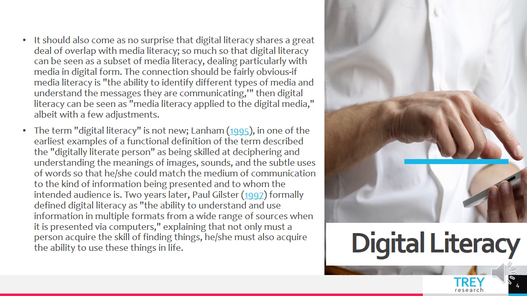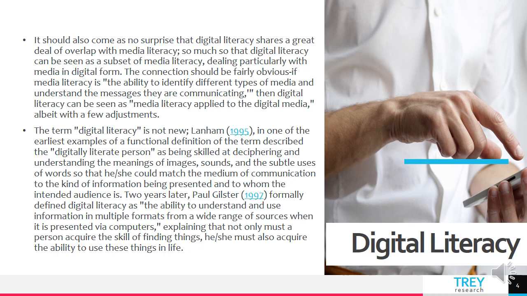Paul Gilster formally defined digital literacy as the ability to understand and use information in multiple formats from a wide range of sources when it is presented via computers, explaining that not only must a person acquire the skill of finding things, he or she must also acquire the ability to use these things in life.